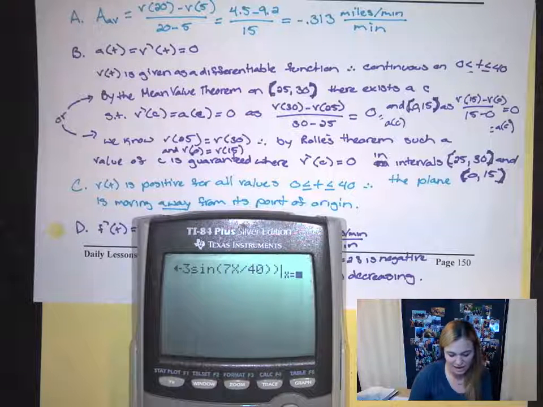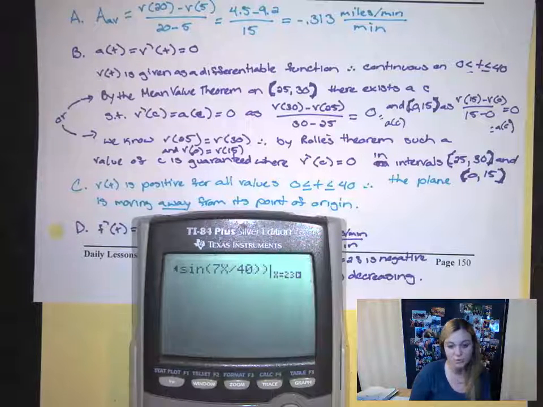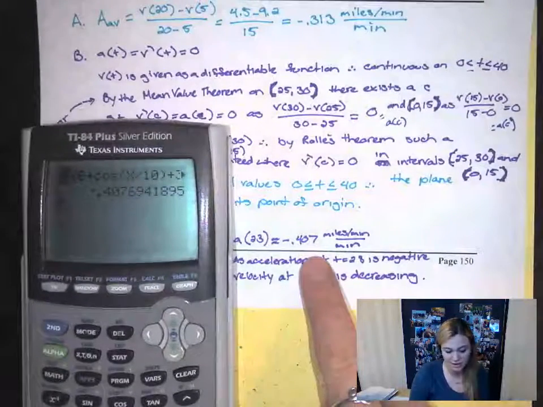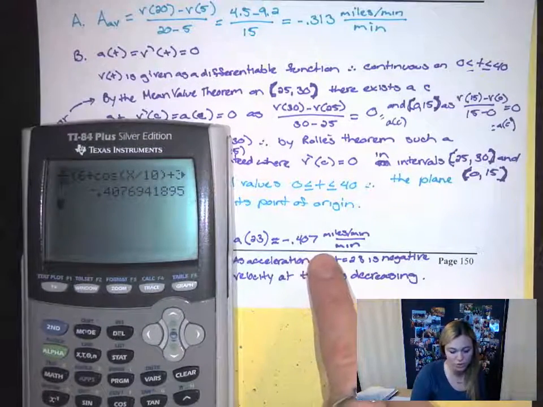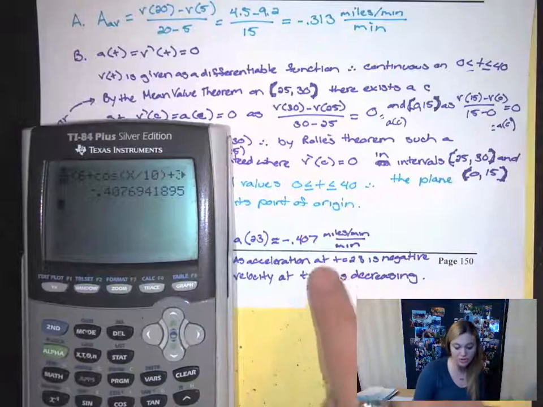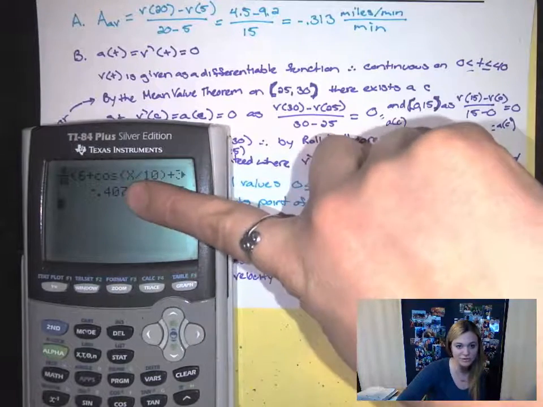And then that closes it. And I want to know what's happening at x equals 23. And I get negative 4.076, which you could have said negative 4.08 if you rounded appropriately, but I just truncated, meaning I counted off after the 7.